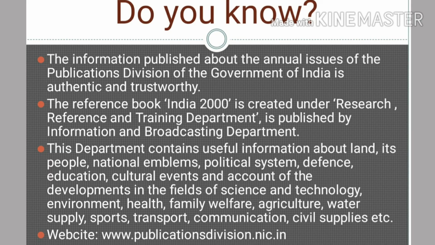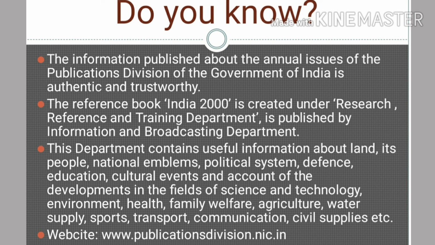Do you know, children? The information published about the annual issues of the Publications Division of the Government of India is authentic and trustworthy. The reference book India 2000 is created under the Research, Reference and Training Department and is published by the Information and Broadcasting Department.